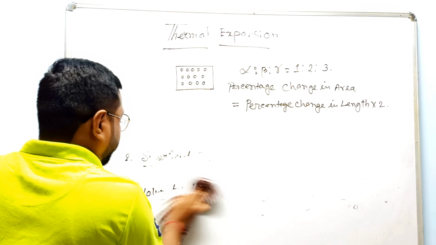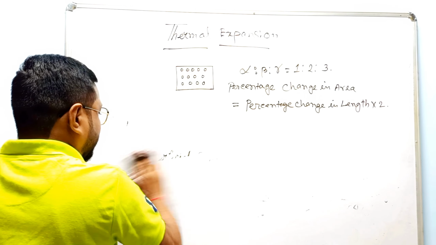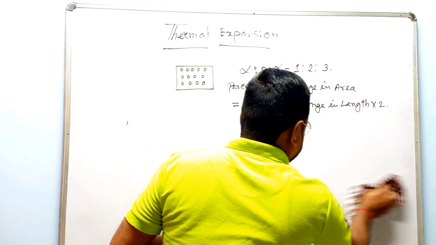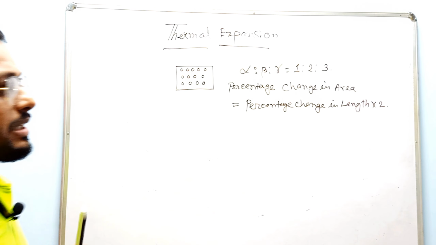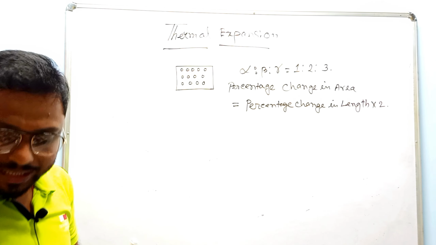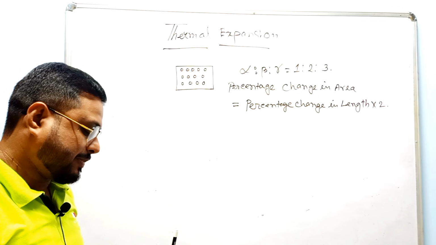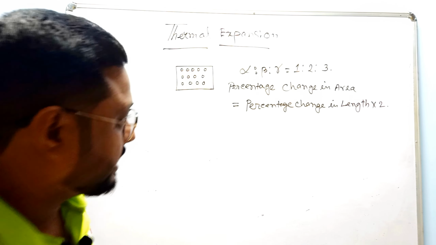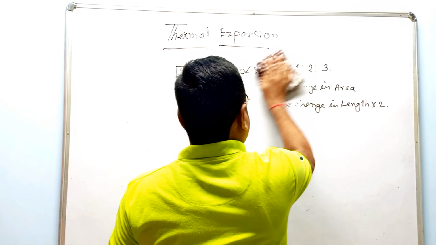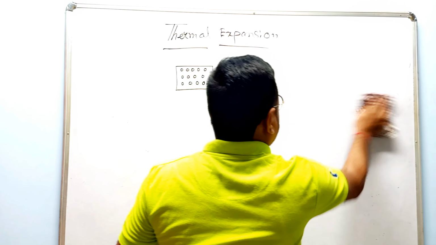So there are three types of expansion of solid, but liquid and gas have only volume expansion. That is, they do not have alpha or beta, only gamma.